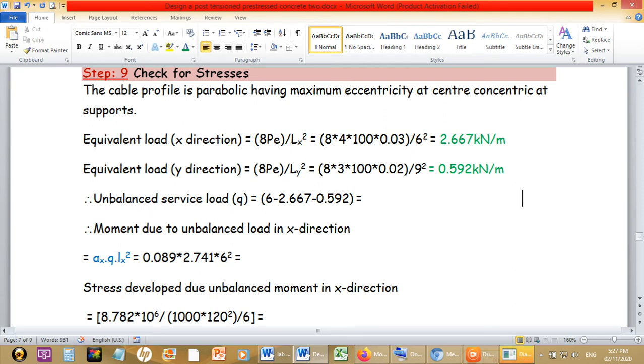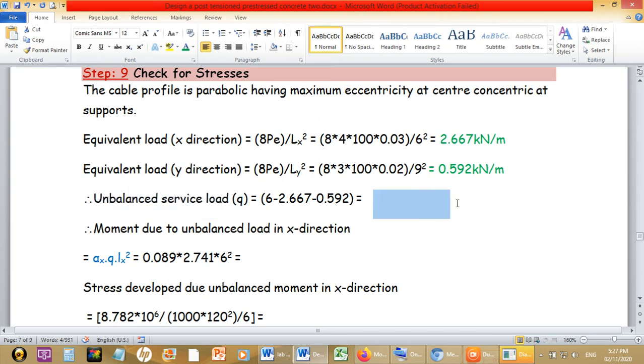Now whatever unbalanced load or residual load we have, that magnitude of residual load is the total load minus this balancing load. Already we know that the total load is acting in downward direction as UDL, which is 6. So from this 6 we need to subtract this balancing load. That's why 6 minus 2.667 minus 0.592.